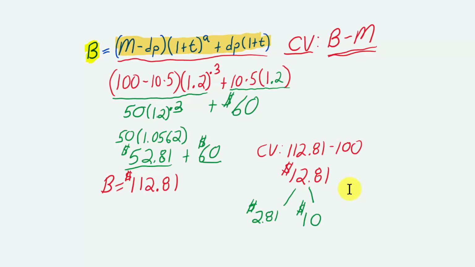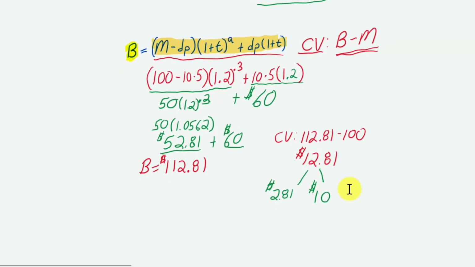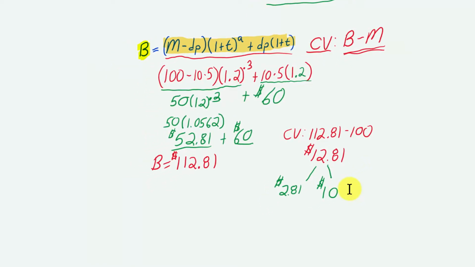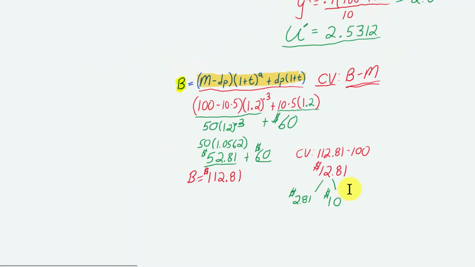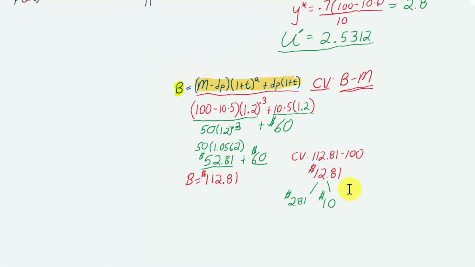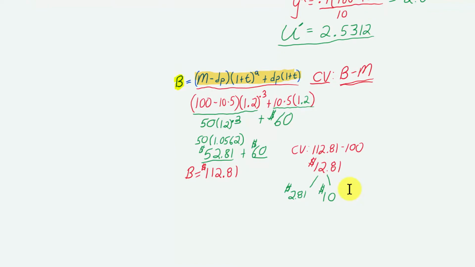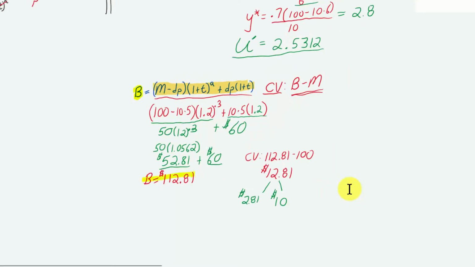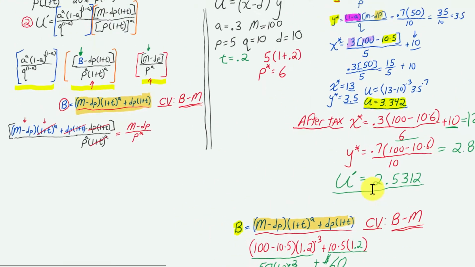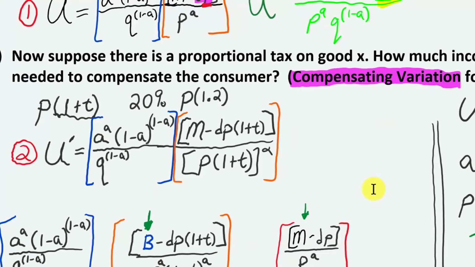Now let's just verify, last thing, let's actually verify that this is going to give us the same amount of utility. Otherwise, we haven't done anything, right? We don't really know that we've done the right thing here. So what we're going to do is plug in this budget and the tax rate and everything into our indirect utility function over here and make sure that we're getting the right amount of utility in this numerical example.